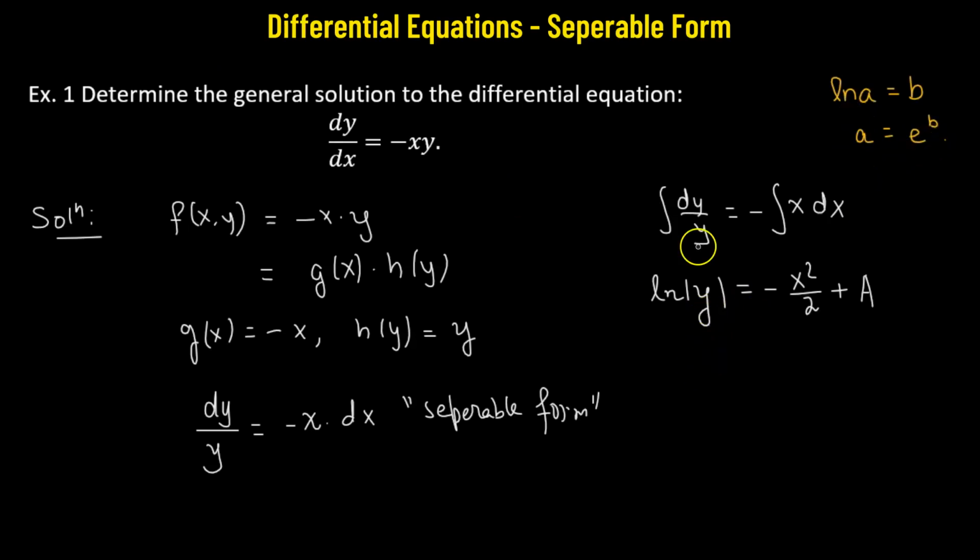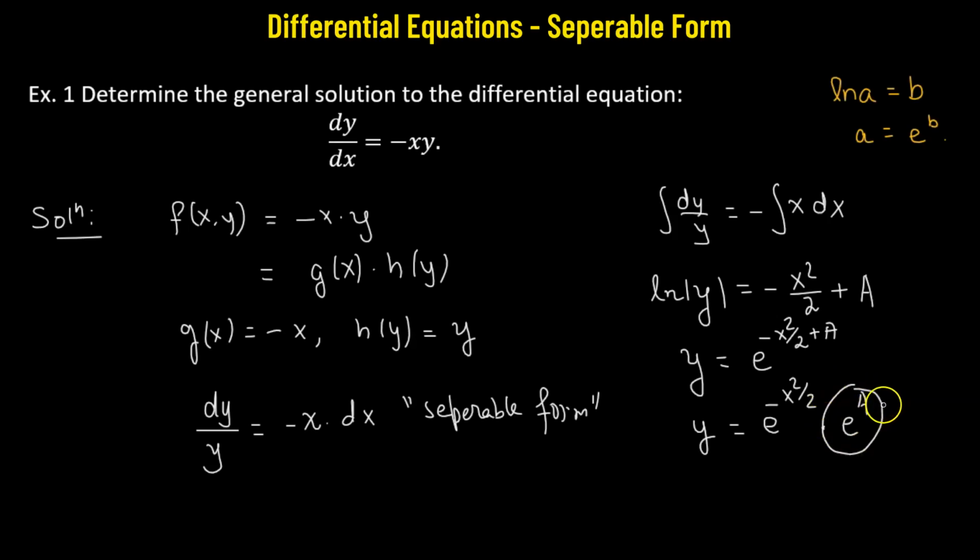So y will be equal to e raised to the power of negative x squared over 2 plus a, which is equivalent to e raised to the power of negative x squared over 2 times e raised to the power of a. Here a is a constant already, so e raised to the power of a is also going to be another constant, which we can represent as c. So our general solution will be y equals e raised to the power of negative x squared over 2 times c. So this is our general solution.